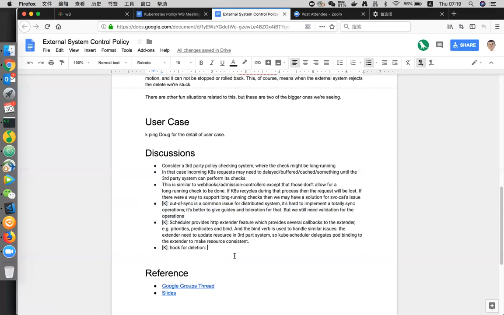So what are the viable options if we want to have some conclusion of the discussion today? For me, I have some follow up for this one. For example, for some specific use cases, I'm going to consider the hook for deletion.